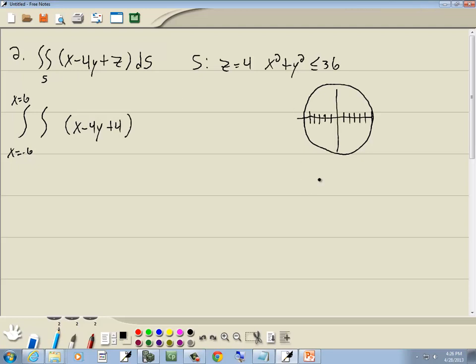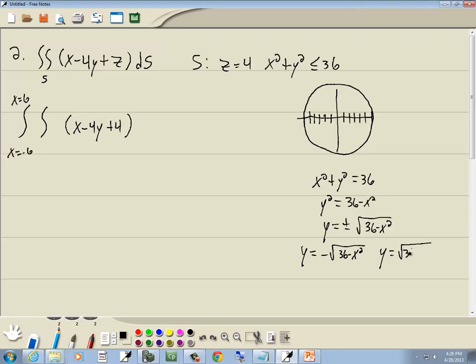Now if I were to look at this, x squared plus y squared is equal to 36. If I solve for y, I take the x squared over, we get 36 minus x squared. We get y is equal to plus or minus square root of 36 minus x squared. So y is equal to negative square root of 36 minus x squared, and y is equal to positive square root of 36 minus x squared.